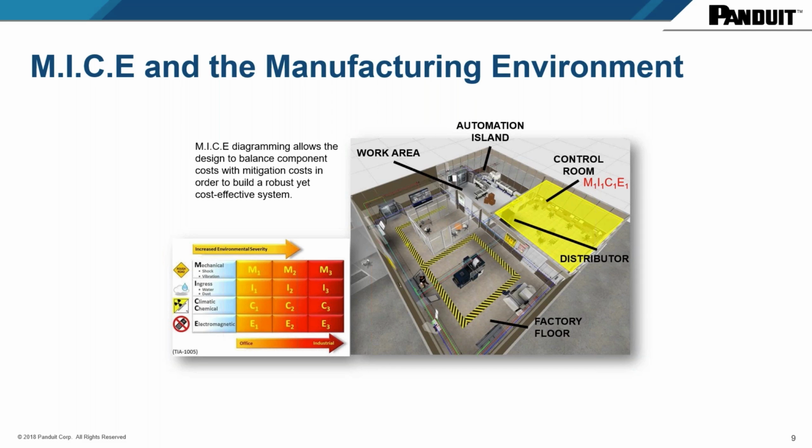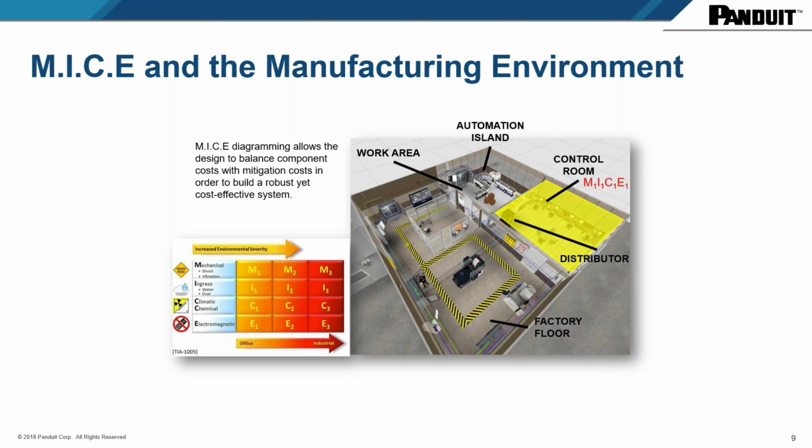In a control room environment, this is a place that's as close as it gets to an office space. What do you expect to find in those control rooms? You will find desks and tables, and you'll find maybe a data center where it's similar to what you see in the enterprise space, but it is intended to communicate in the factory, so it's connected to other areas around the factory.